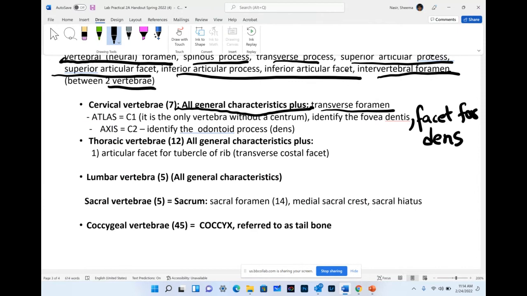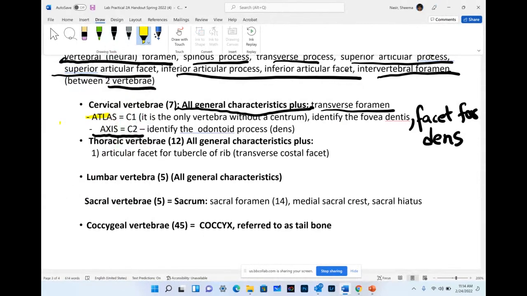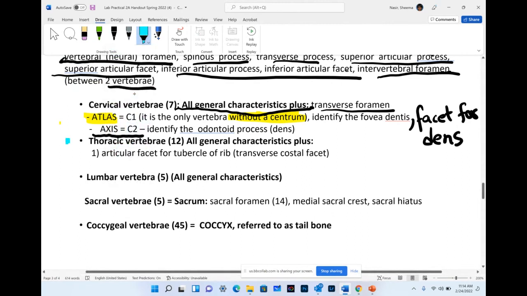C2. That is called axis. So again, keep in mind, atlas without centrum. Axis has dens or the odontoid process.